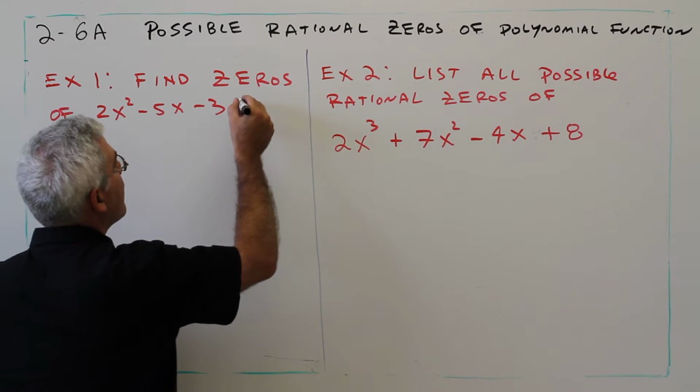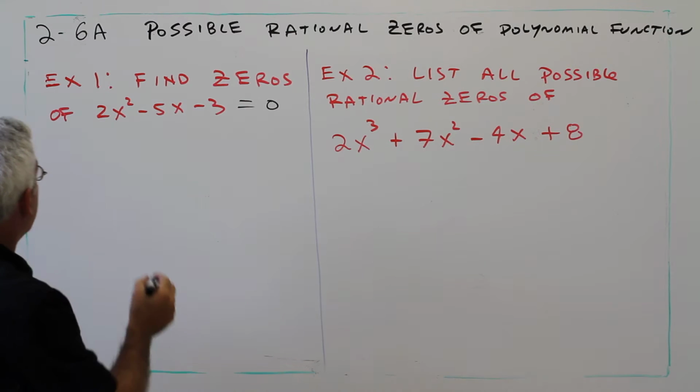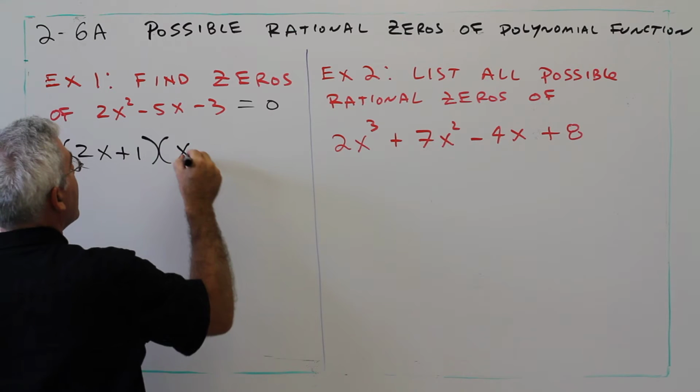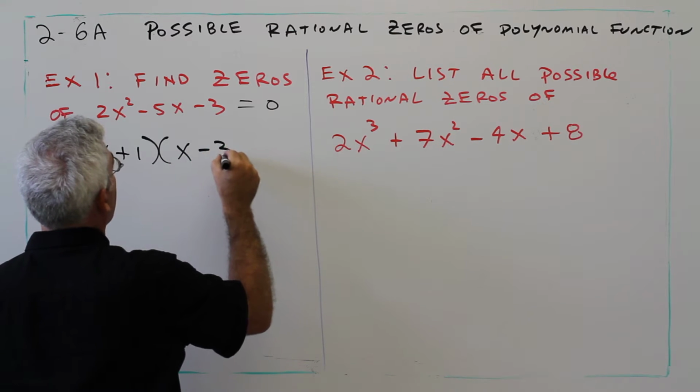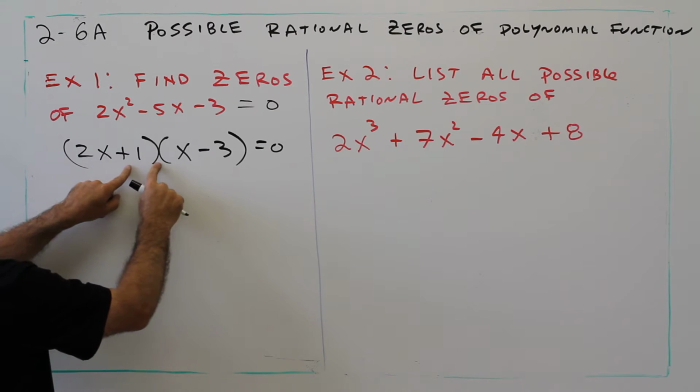To find the zeros, we set it equal to 0, and we see if we can factor. This is factorable. It's going to be 2x plus 1 and x minus 3. Again, that's the minus 6x plus 1.